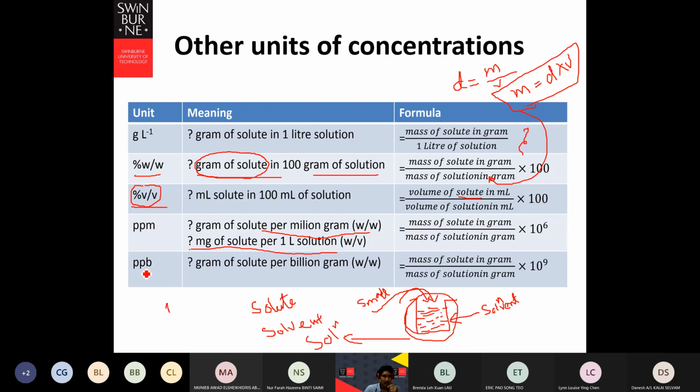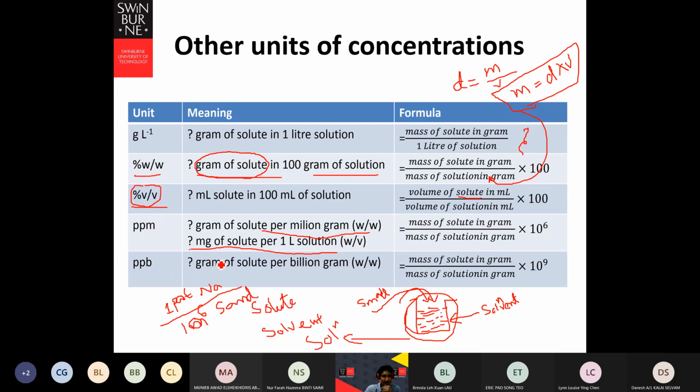So let's say 1 part of sodium in 1 million parts, 10 power 6 parts, of sand.